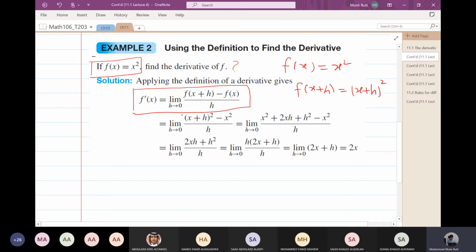So you come up here, and then you expand the square, and then x square will be cancelled out by this, and you can take h common from here, and this h will be cancelled out by this one. Then you plug in the limit h equal to 0, and you will get the answer 2x. Agree?